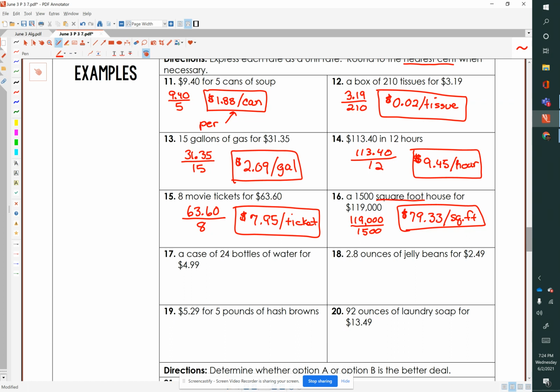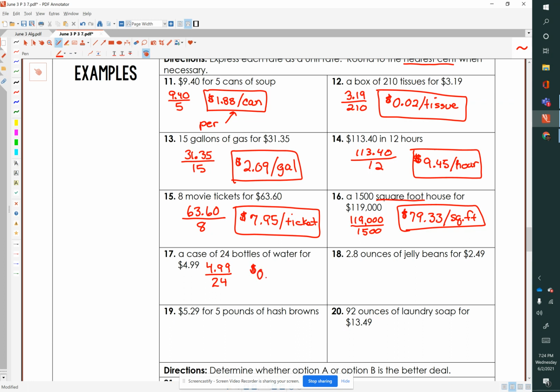All right, so now we're moving on to the water bottles. So a case of 24 water bottles, just like we have in school this year, for $4.99. So that would be 4.99 in the numerator, divided by 24, and that equals 21 cents a bottle.